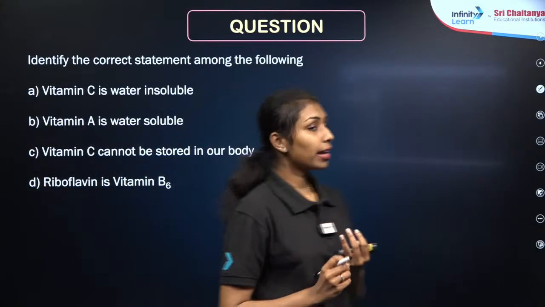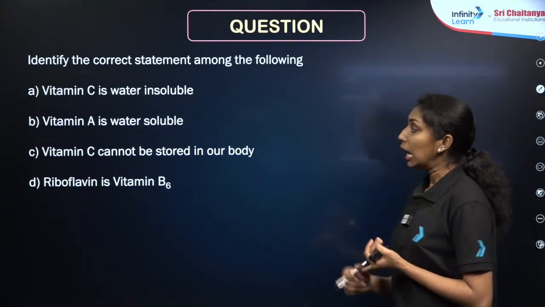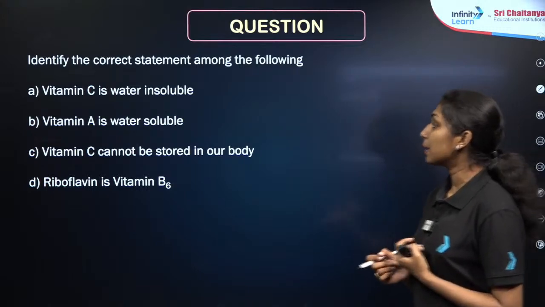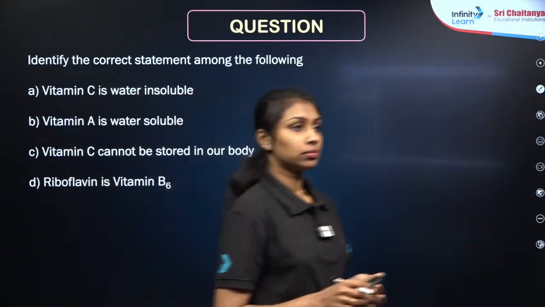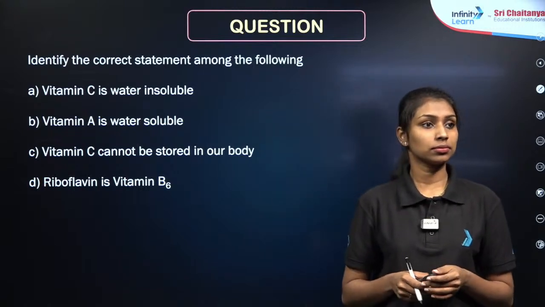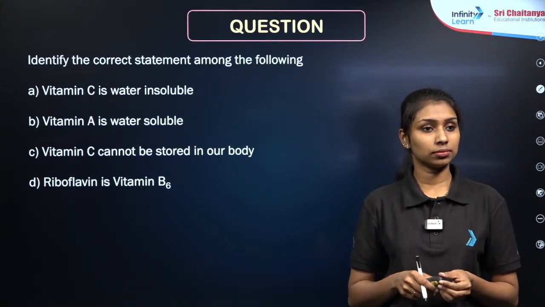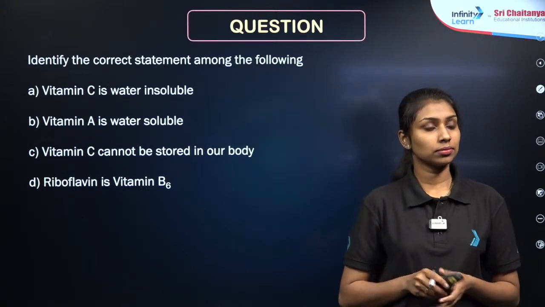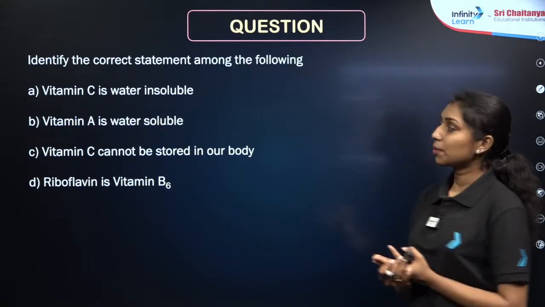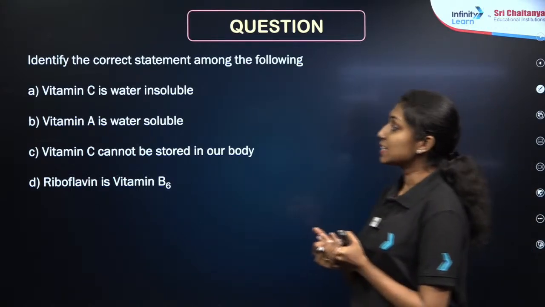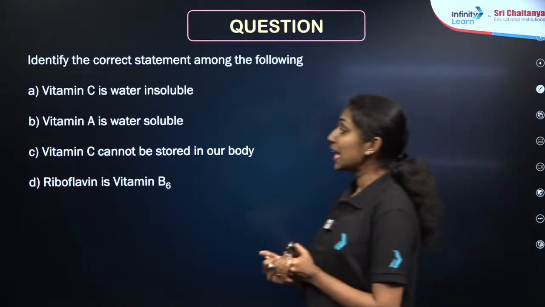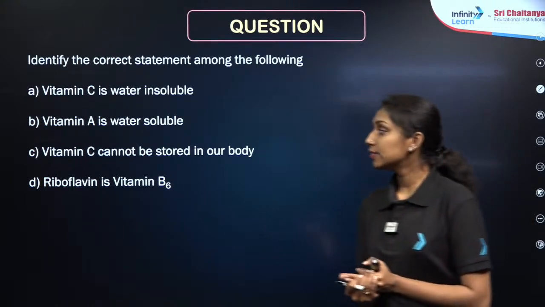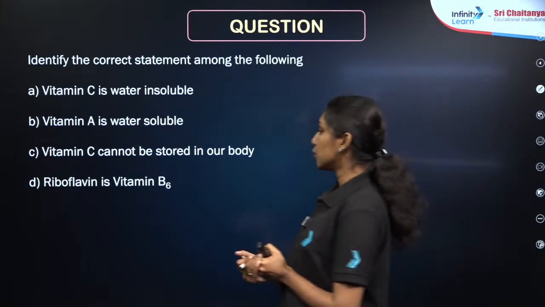Okay, here is the next question, again based on the subtopic vitamins. Identify the correct statement among the following. Different statements are given here. The first statement is vitamin C is water insoluble. Second one, vitamin A is water soluble. Third one, vitamin C cannot be stored in our body.